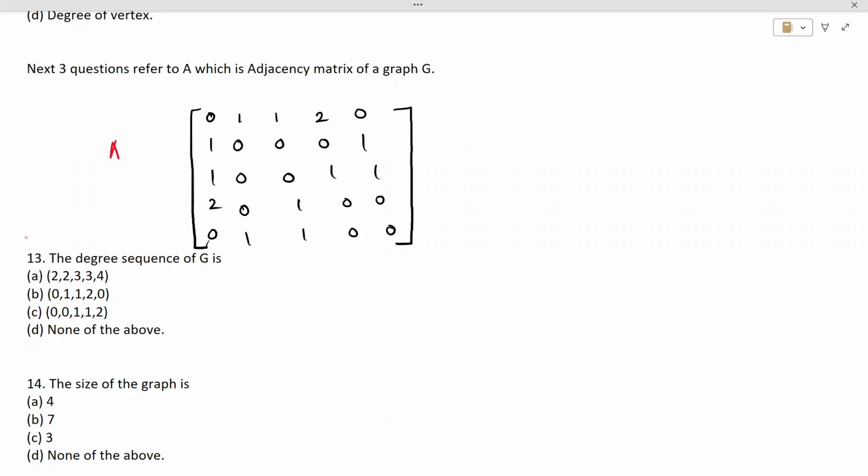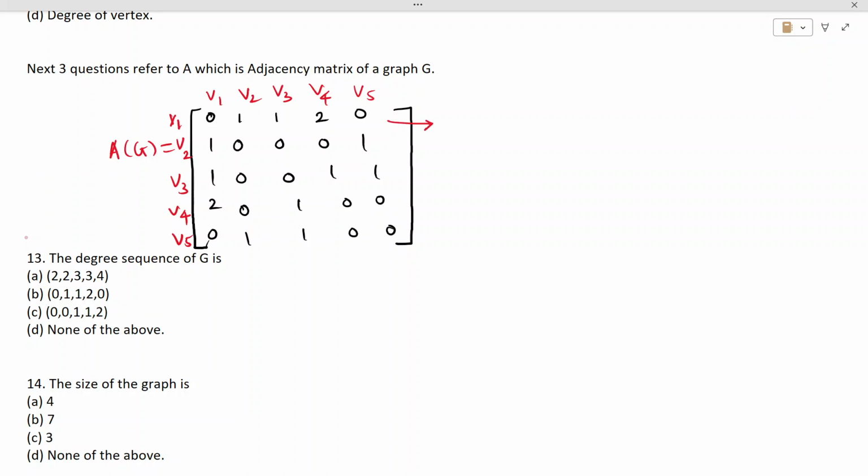So this is the adjacency matrix of graph G, that is A of G. If the vertices in graph G are V1, V2, V3, V4, V5, then we know that the row sum or column sum represents the degree of the corresponding vertex.